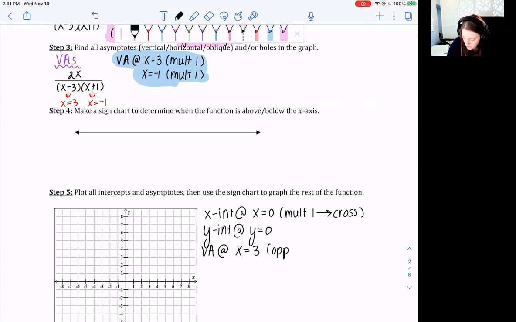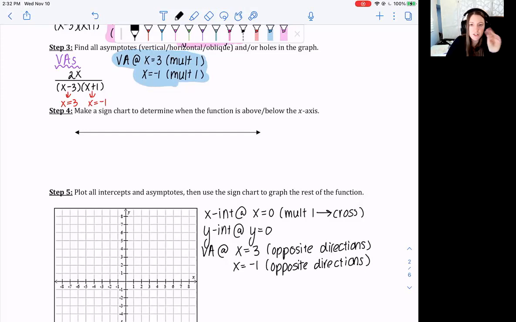So I'm going to write opposite directions on both of these, so that I know when I look at my graph that on either side of them, they should be going in opposite directions.